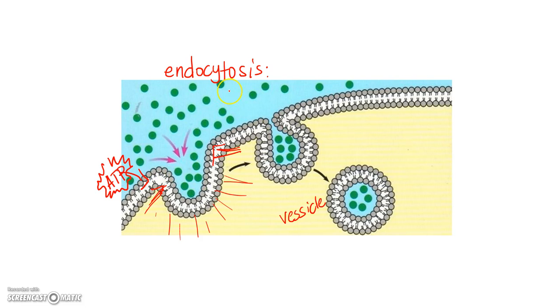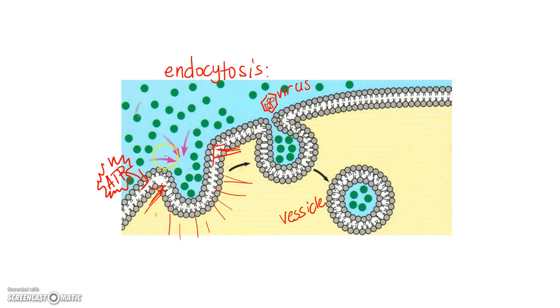Endocytosis is where we bring in very large molecules, like say a virus. Our immune system takes care of bacteria like this. So either whole cells or very large molecules. It can also pull in large amounts of water this way if it wanted to.